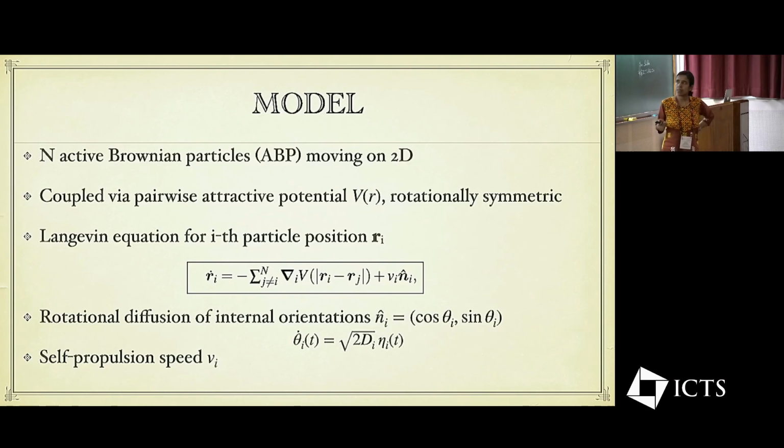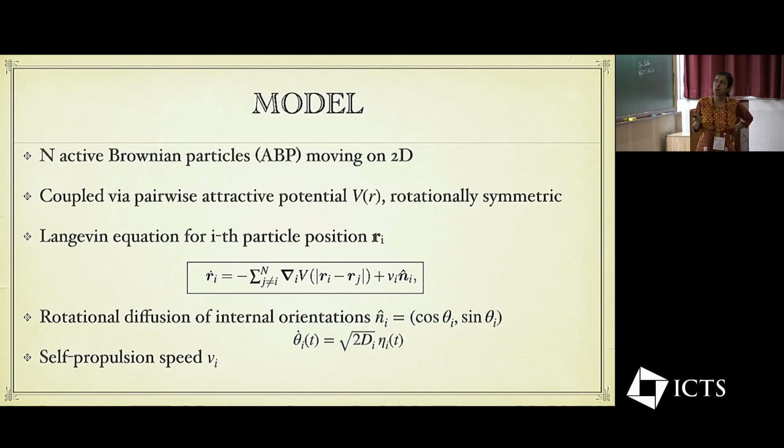Here is the setup. We have N active Brownian particles with positions r_i, and each pair is coupled by some attractive potential V(r), which is rotationally symmetric. It depends only on the distance between the two particles. The Langevin equation for the ith particle is this.